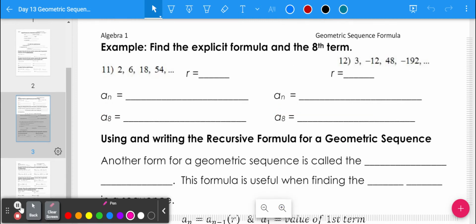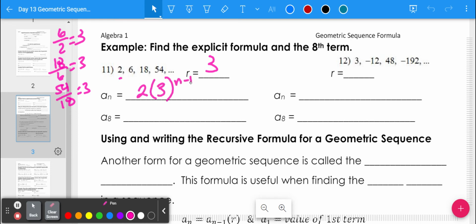For example 11, first find the common ratio. So again, I can do 6 divided by 2, which equals 3. 18 divided by 6, which equals 3. 54 divided by 18, which equals 3. So I know that my common ratio is 3. My first term is 2 times the common ratio of 3 to the n minus 1 power.